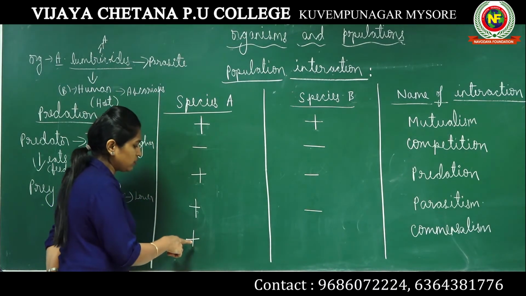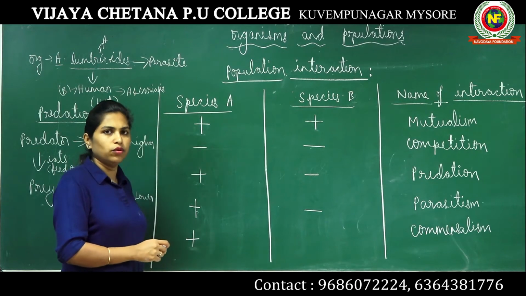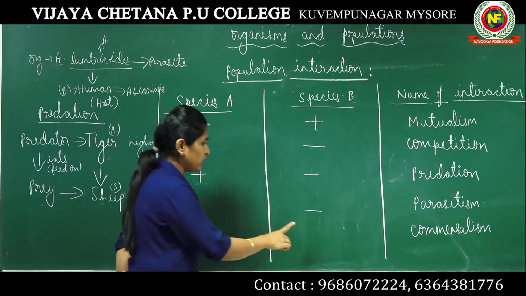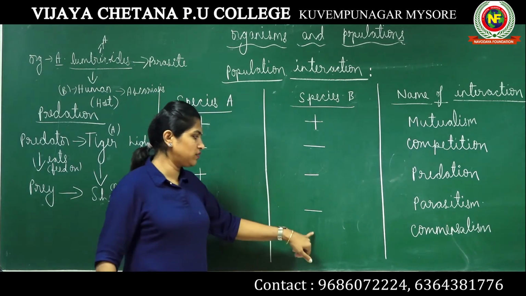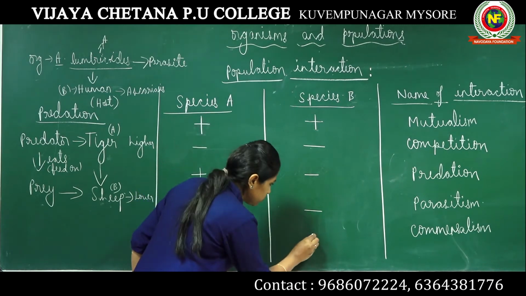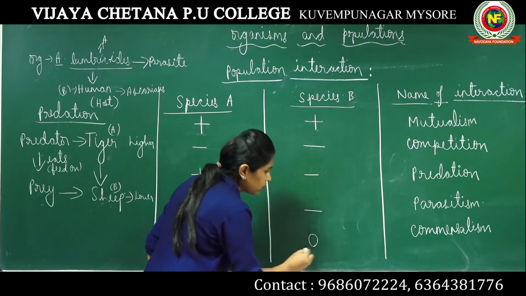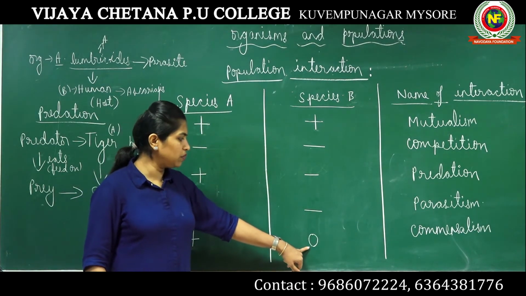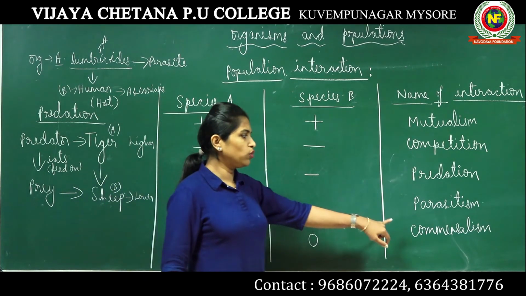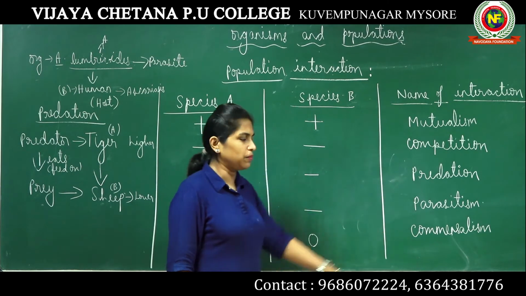One species is positively benefited, whereas the other species is neither benefited nor harmed. So we can use the symbol 0. I will give you an example when we go to this particular topic, commensalism.